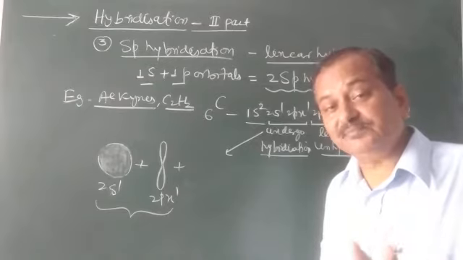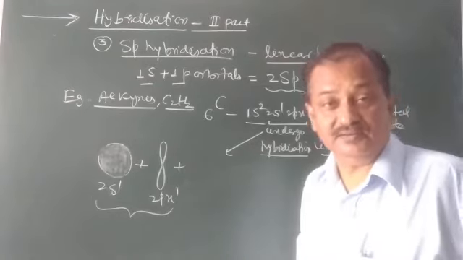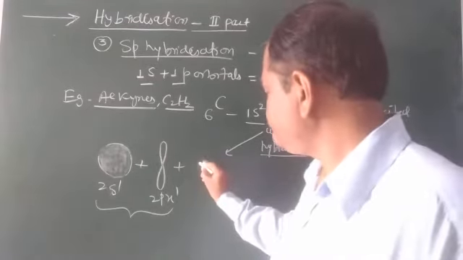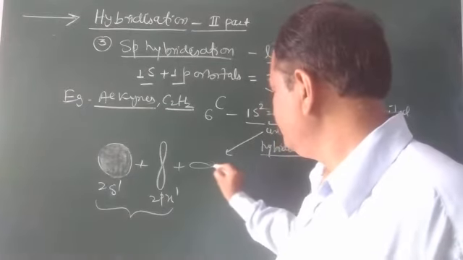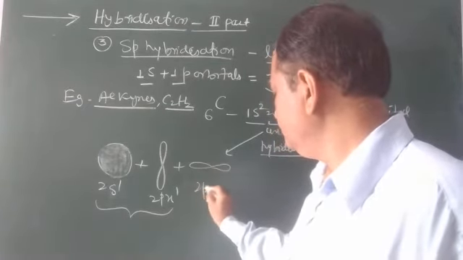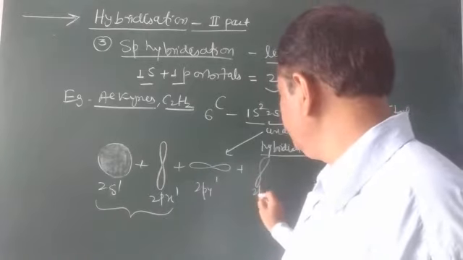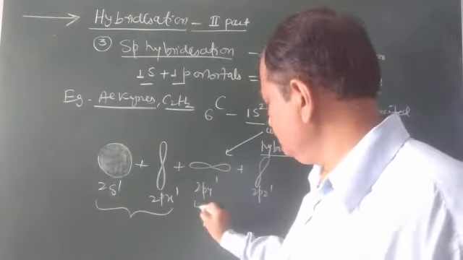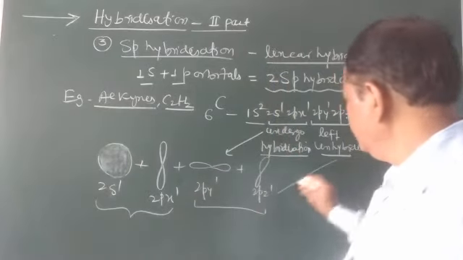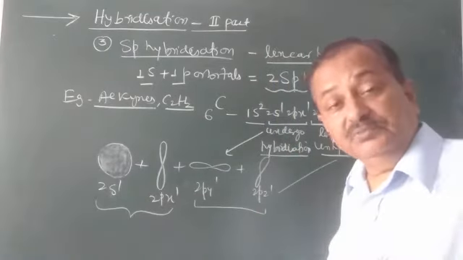Plus we have to mention these two also. We don't have to scale, but it must be written: 2py1 and 2pz1. They will not be involved in hybridization.